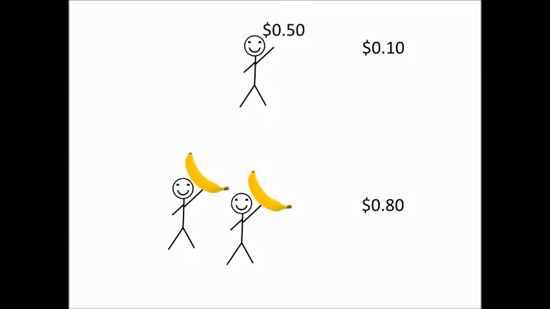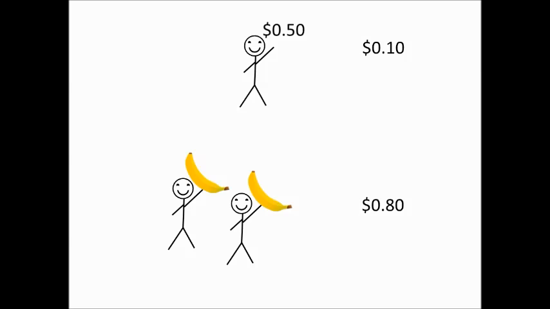Now both are strictly better off. This guy is better off because he gets something worth 50 and only gives up something worth 10, and the other gives up 50 but gets something worth 80. So we found another allocation that is a Pareto improvement.